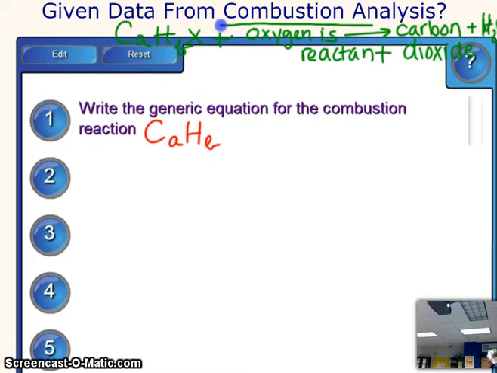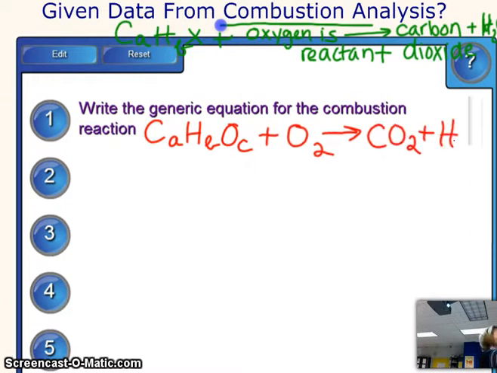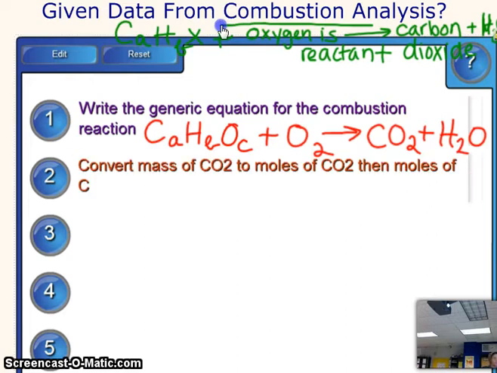Sometimes you might have oxygen, nitrogen, or sulfur with the C, something like that. And it's combustion, so it's always reacting with oxygen. And you're always making carbon dioxide and water. So it'll look something like that.